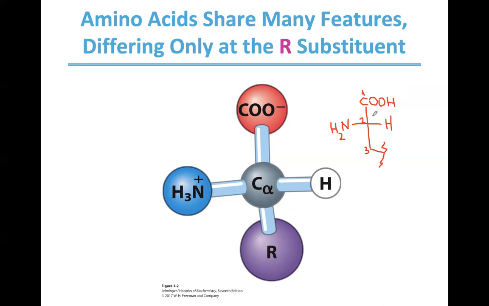Alternatively, an alternative system is to call this carbon alpha. This will be carbon beta. Then you have gamma, right? Gamma, delta, epsilon, and on and on.